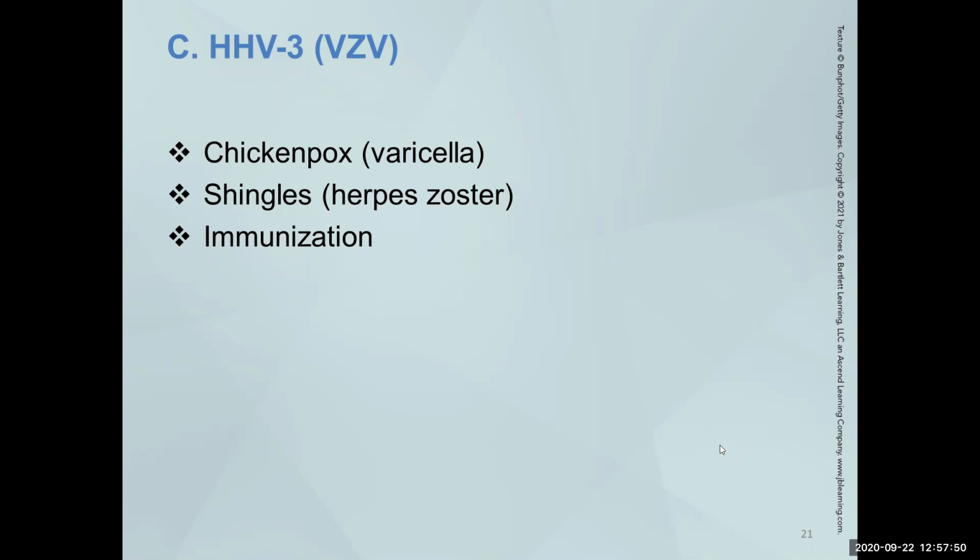But with the chickenpox vaccine, we have almost eradicated that, so we should also not be seeing the shingles. Now shingles, because the virus stays in your ganglia dormant, eventually it likes coming out.